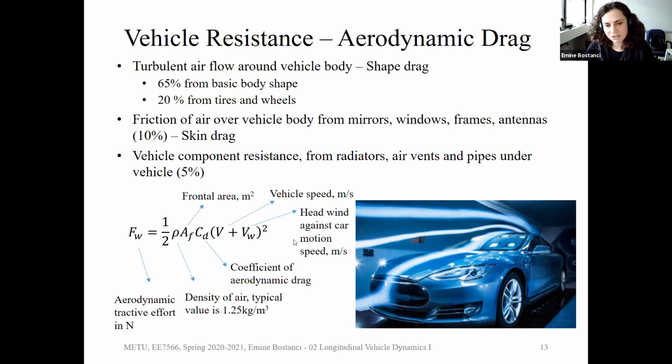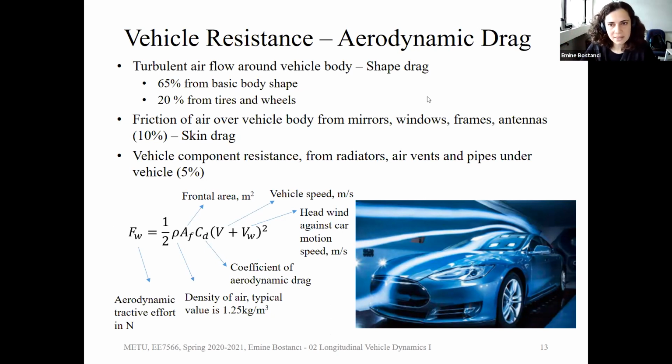So this CD is just for the headwind or the forward motion of the vehicle. If the wind direction changes, this coefficient of aerodynamic drag is going to change. But we don't care about it in terms of this course. Just know that if we assume any wind, it will be a headwind, but most probably we won't assume any wind.